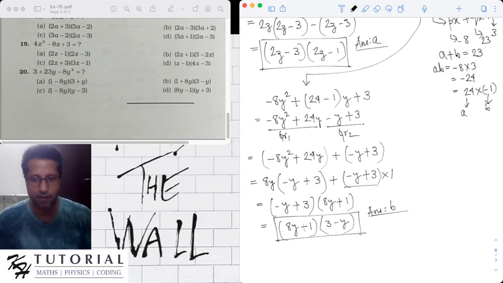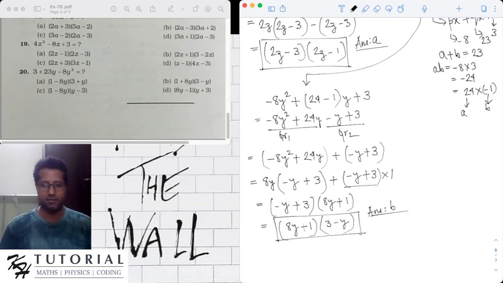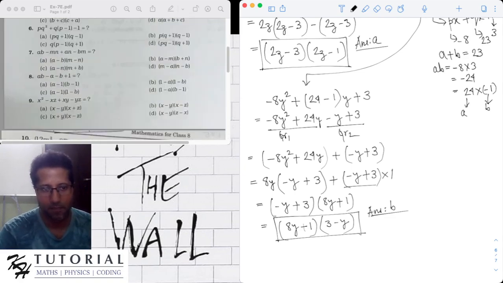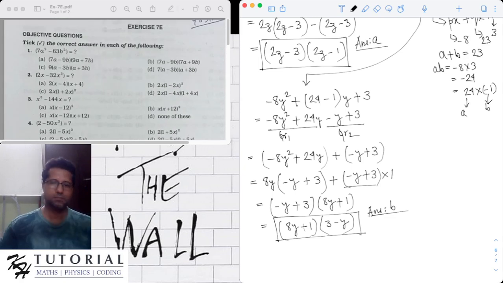So this brings to an end solving the exercise 7E from the textbook of author RS Aggarwal. This was all MCQ questions based on problems where we had to factorize a given polynomial, and I hope this video was beneficial and you understood how you apply the concept of factorization using the various methods to factorize a given polynomial.